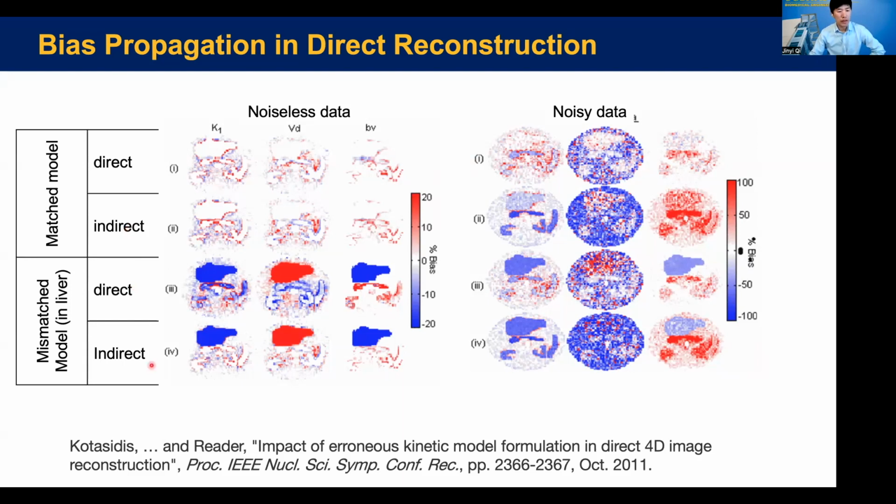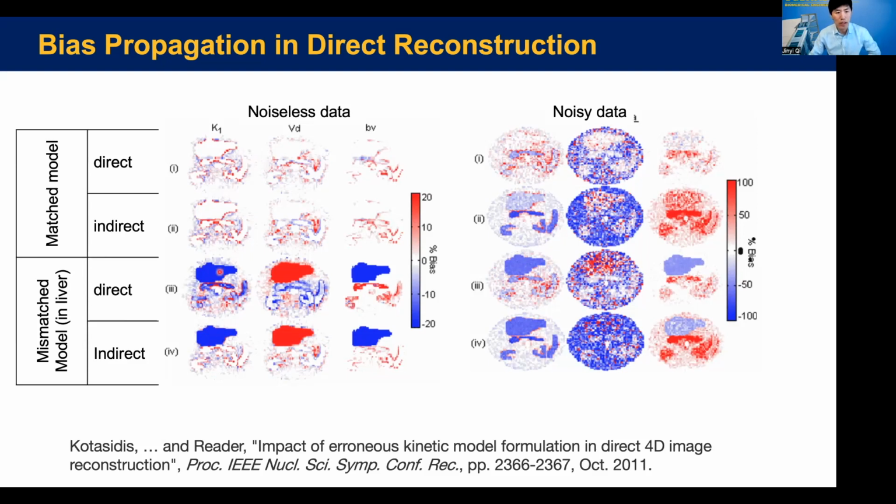This was studied by Kotasidis and Reader. The top row is the noise-free, matched model case, where you don't see the bias, and the bias only occurs at the boundaries. That's expected in all reconstruction. The bottom is where we have a mismatched model in the liver, because the liver has dual blood input and we only use one blood input to fit.